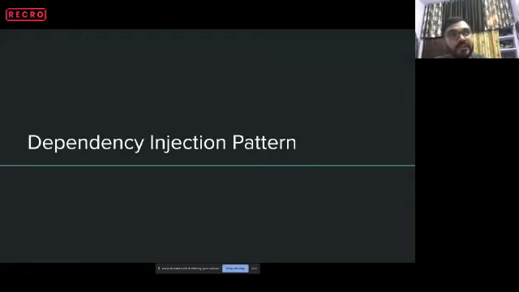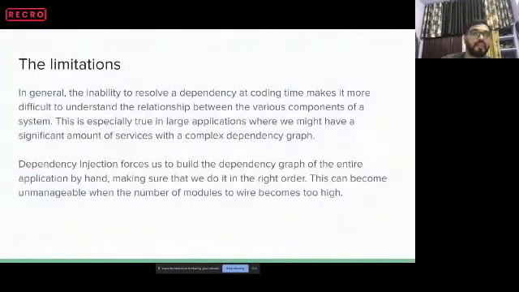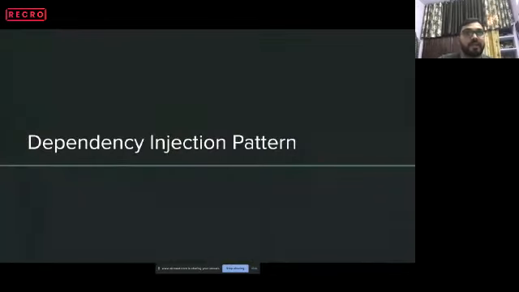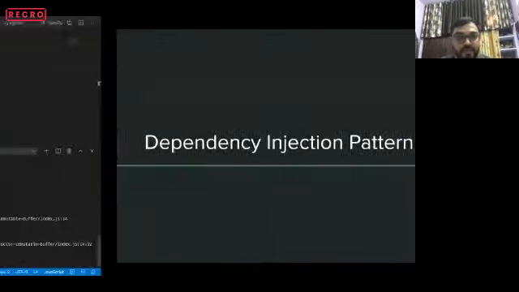What it says is, instead of providing input directly, we inject them as an external variable, as an input in the constructor itself. So let's look at a concrete example of it.